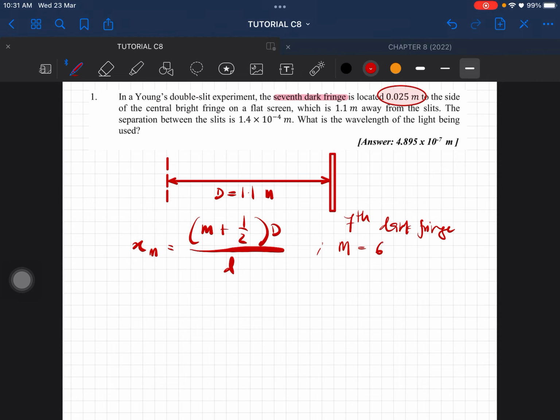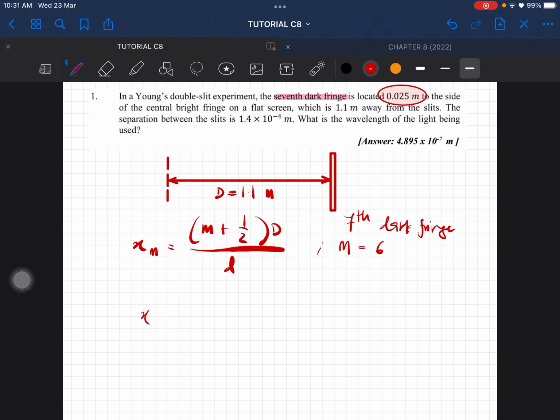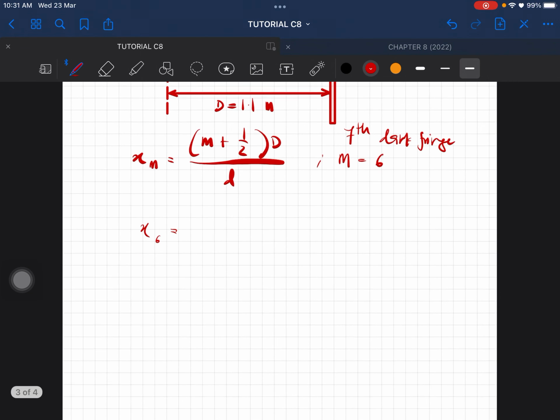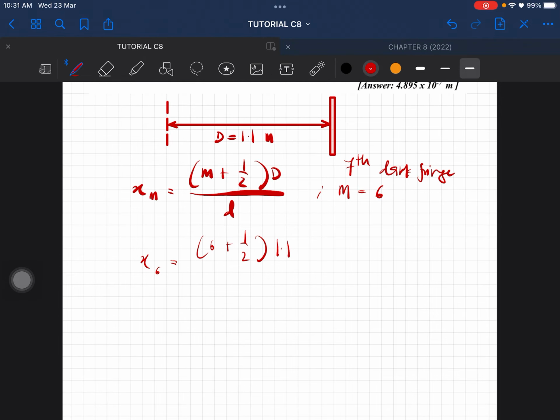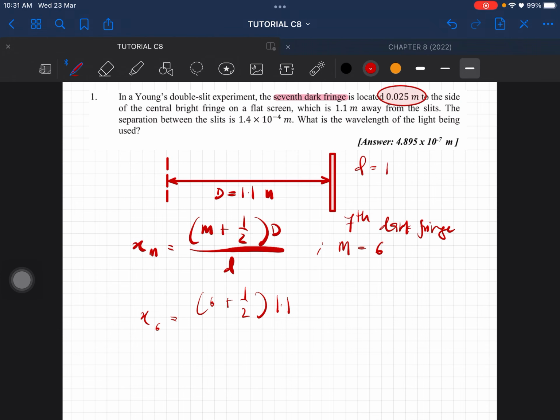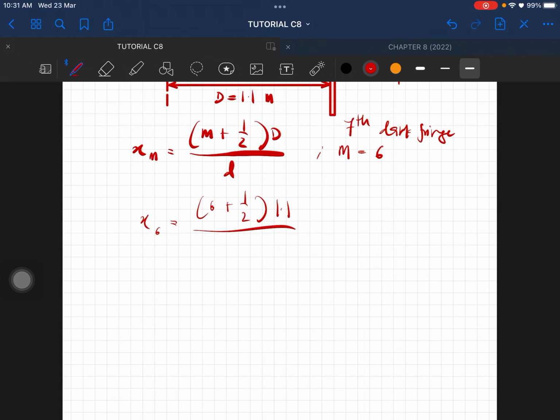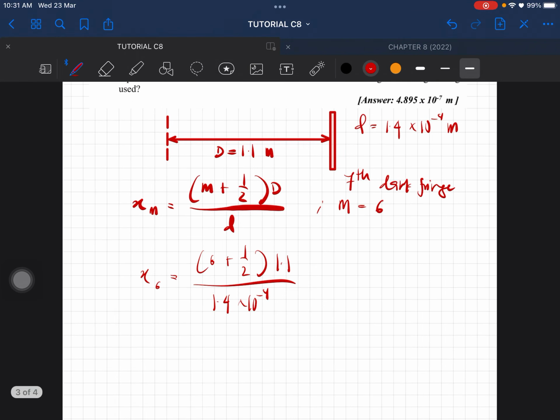Okay, now that we have that, we just have to substitute the values. So this is going to be 6 plus half, capital D is 1.1 meter, and small d, which is the slit separation, is given as 1.4 times 10 to the power of negative 4 meter. So put that into this formula, then you will get... what are we looking for?